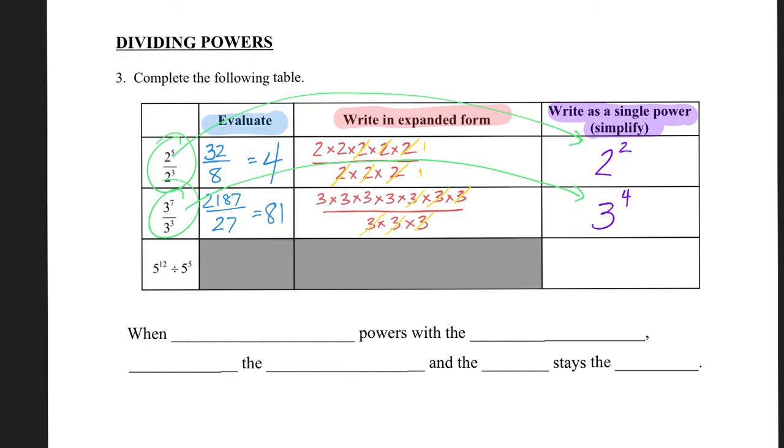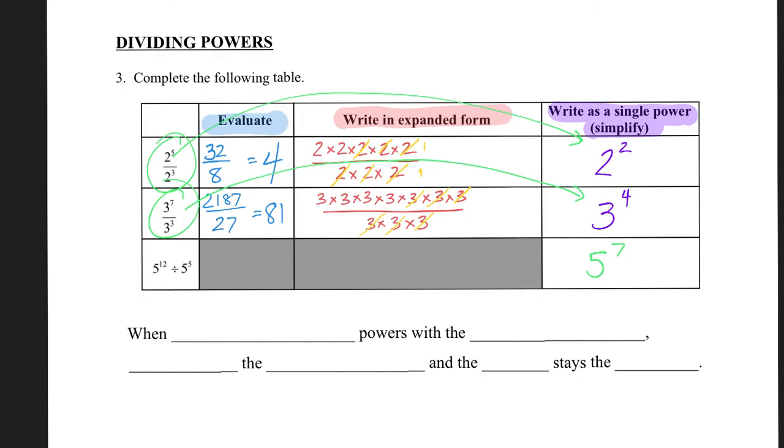Okay, we're back. And I think we're doing great if we got down to 5 to the 7th. So if we were able to do that, then let's sum up our rule. And if we were a little stumped by that one, then let's see if we can work backwards, so that when given the rule, we can see it fit into the table. What operation were we doing everywhere in the leftmost column?